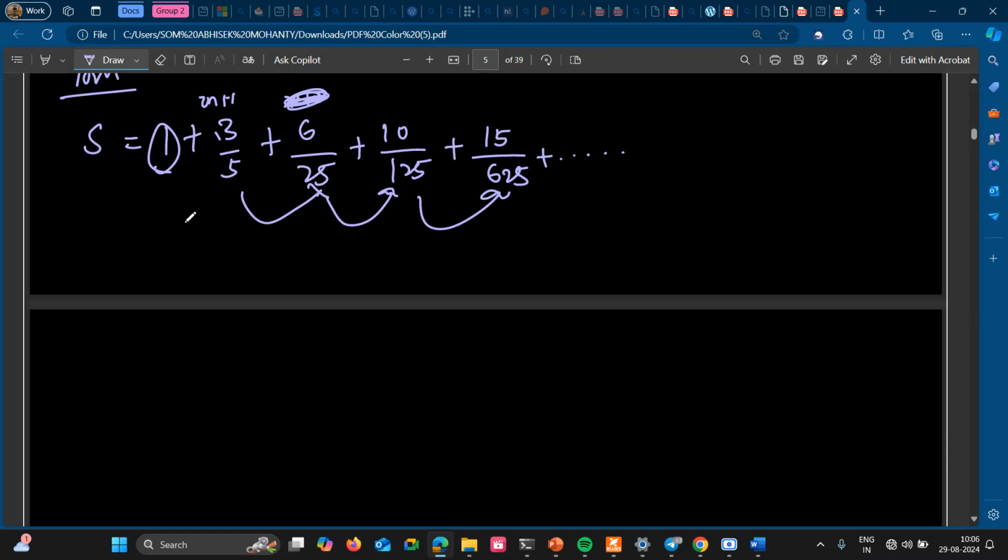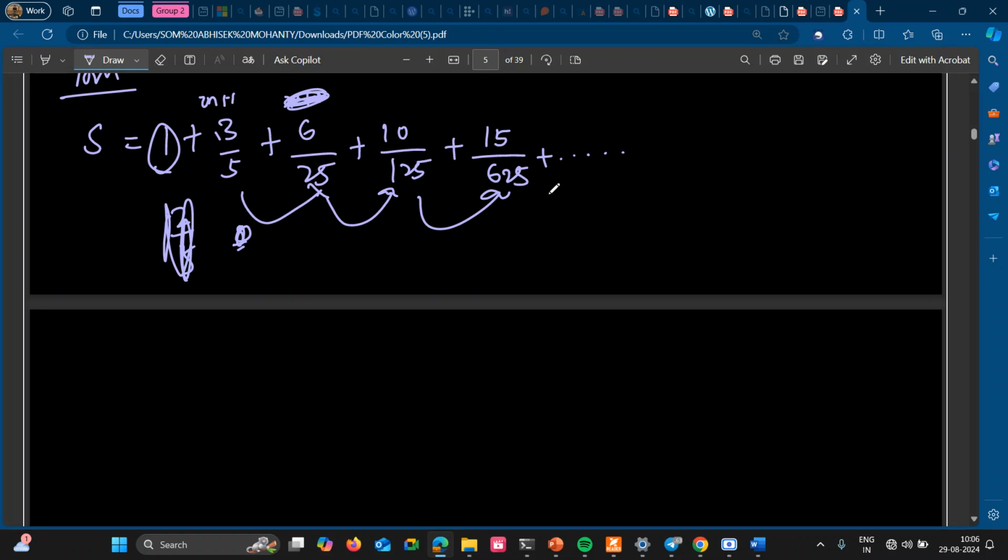What's the difference, the 2 by 5 difference here? 15 by 25... These terms in the denominator are powers of 5, but what about the terms in the numerator?